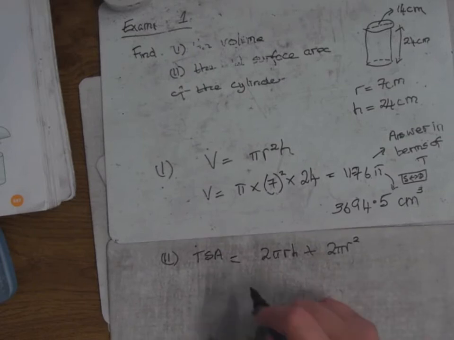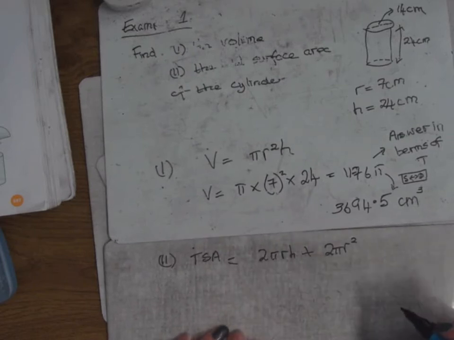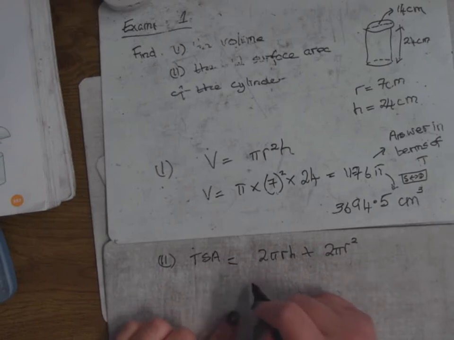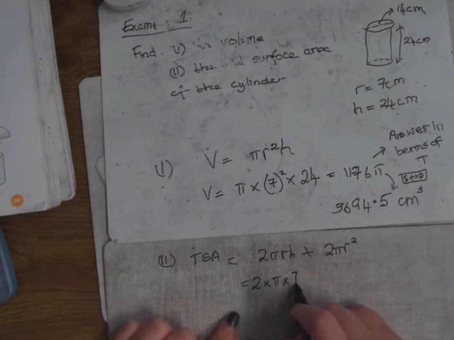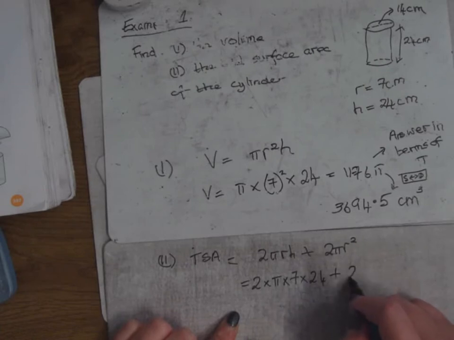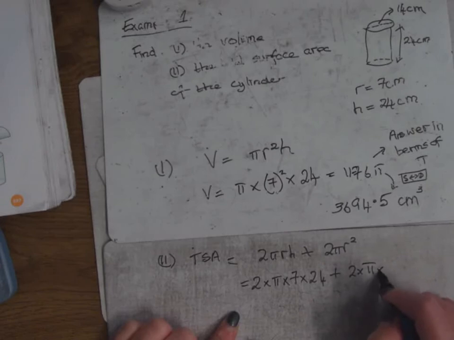So that's 2 multiplied by pi, multiplied by 7, multiplied by 24, add 2 multiplied by pi, multiplied by 7 squared.